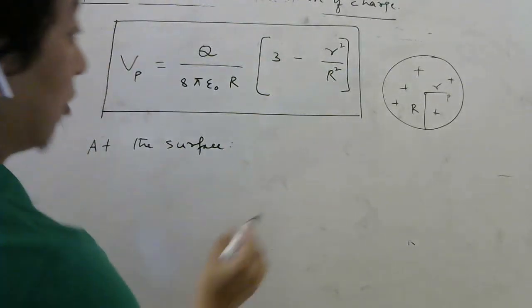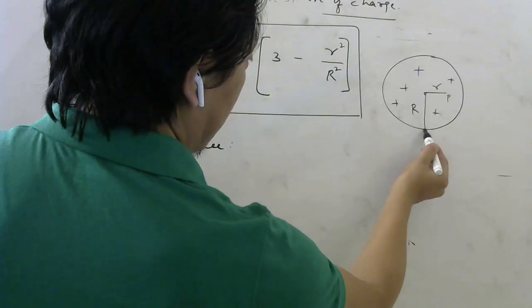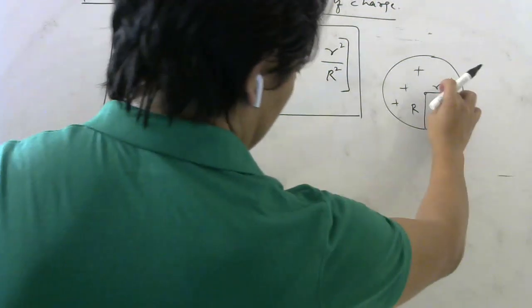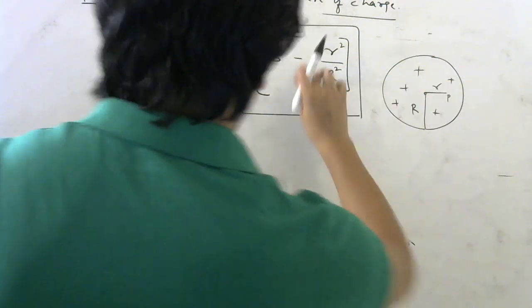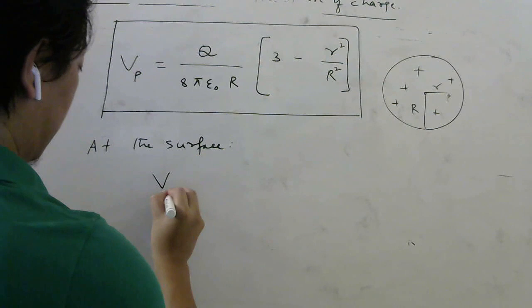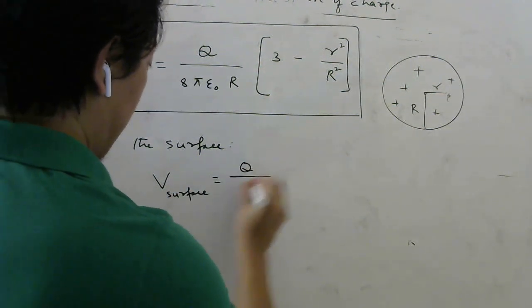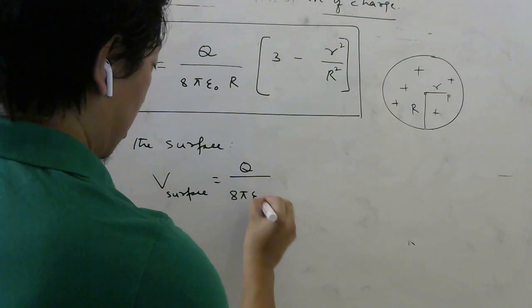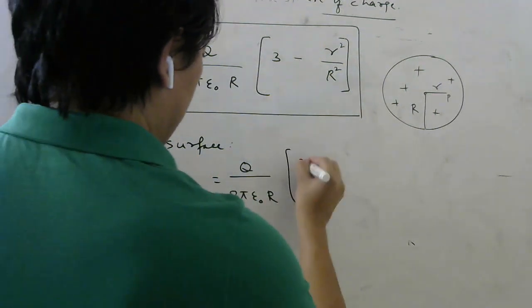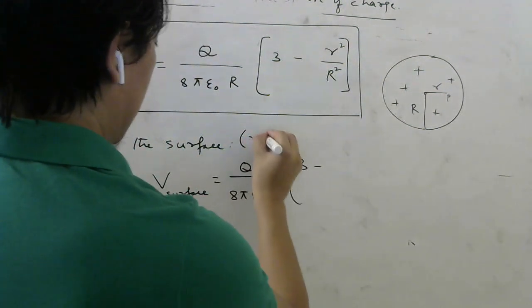So look carefully now. If I want potential at this point on the surface, then your small r will become capital R. So what will be the formula on the surface? It will be q divided by 8 pi epsilon naught r. 3 minus small r will be what on the surface?